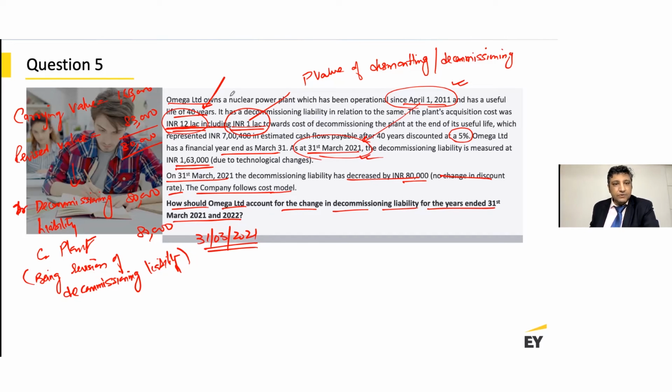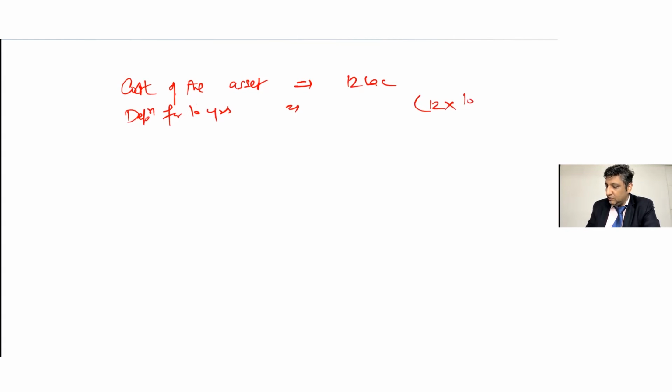Okay, so essentially we need to remember that if there is a cost of the asset which is 12 lakh, I would have already charged depreciation for 10 years, which is 12 lakhs into 10 by 40. Now this would be 3 lakh rupees. That gives me the value of 9 lakh.